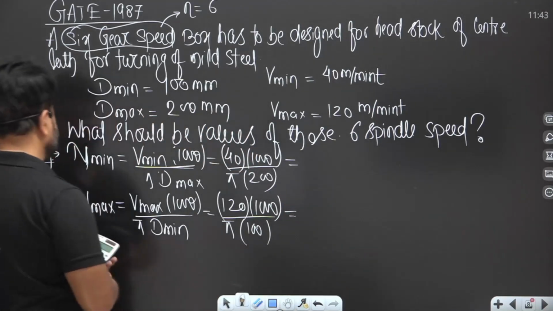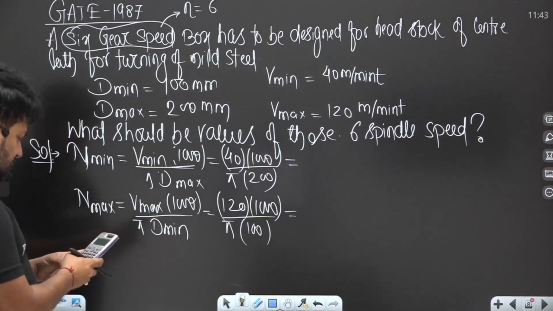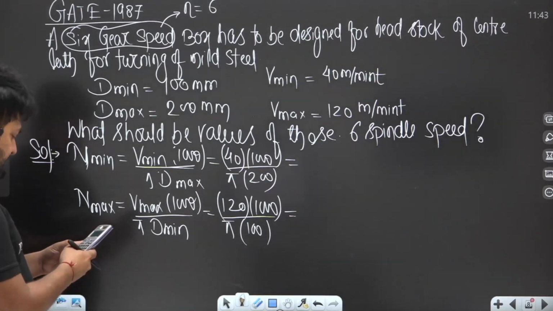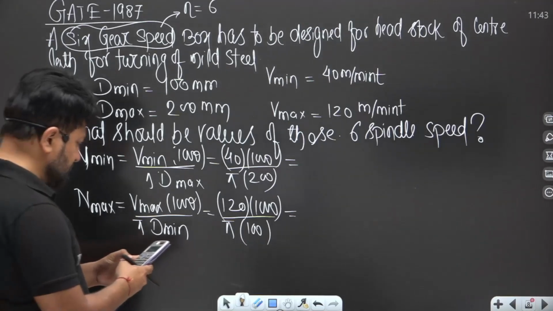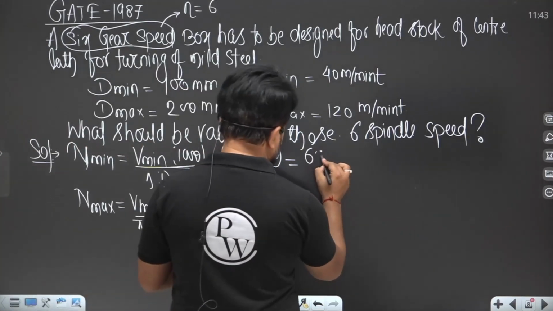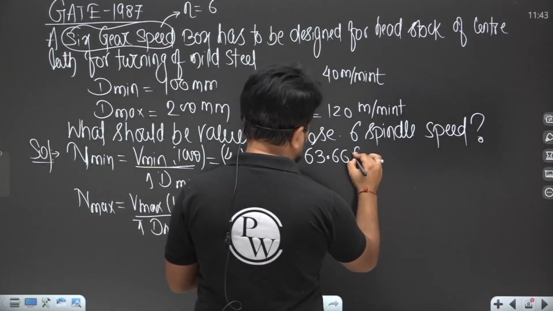Now Nmin and Nmax. So 40 into 1000 divided by pi into 200 comes to 63.66 RPM.